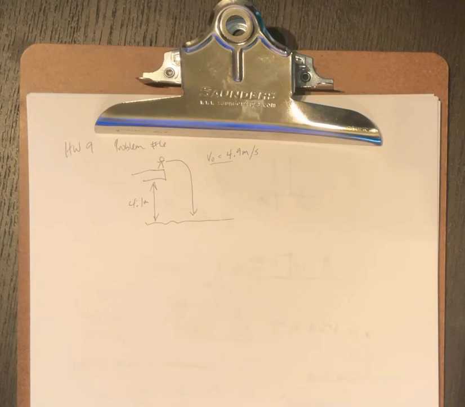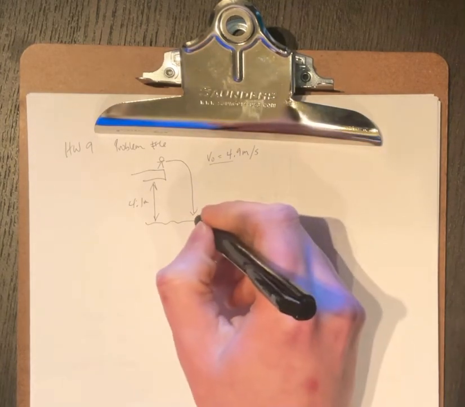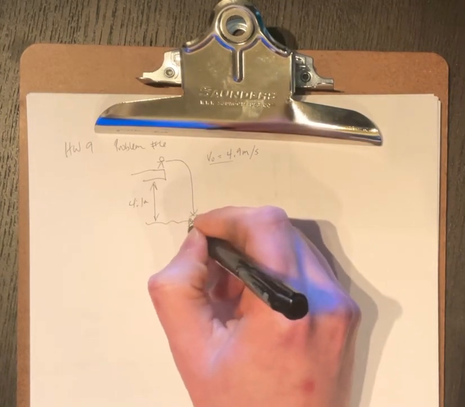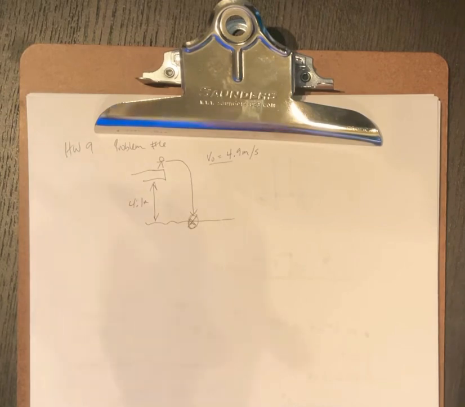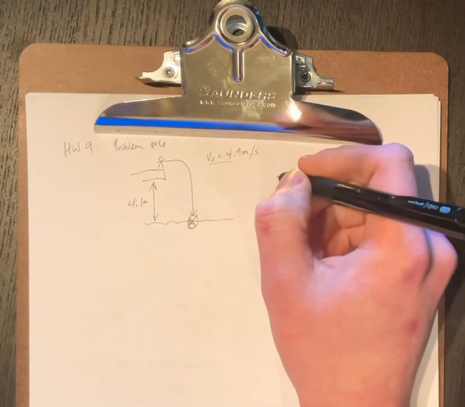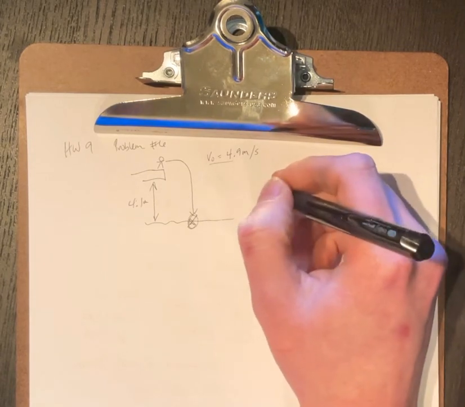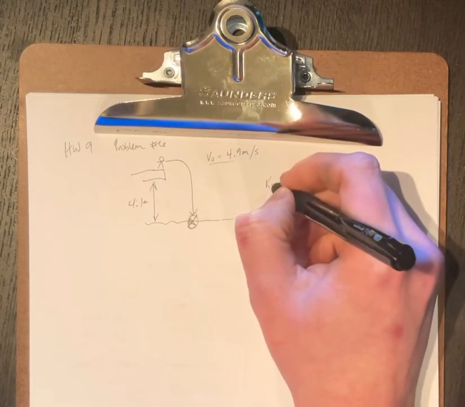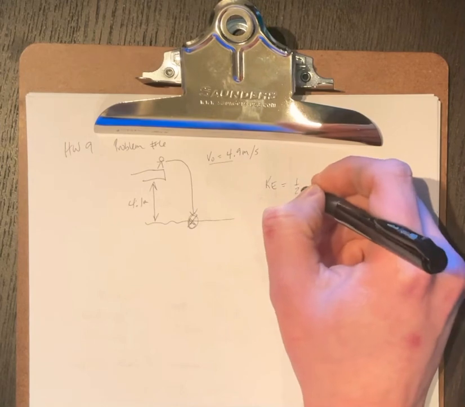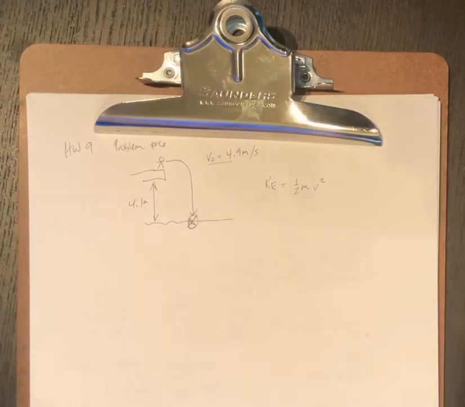It says calculate the kinetic energy when they hit the water. So that's where we need to calculate it. Kinetic energy is equal to 1/2 mv squared.